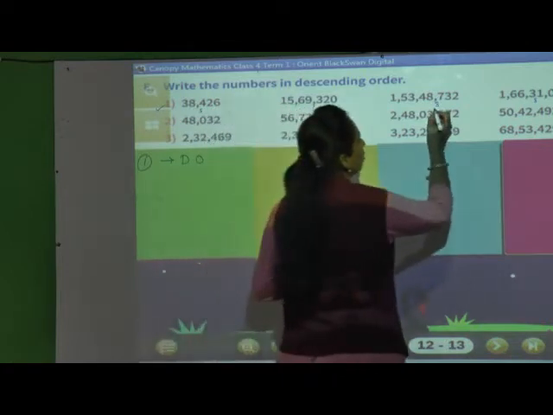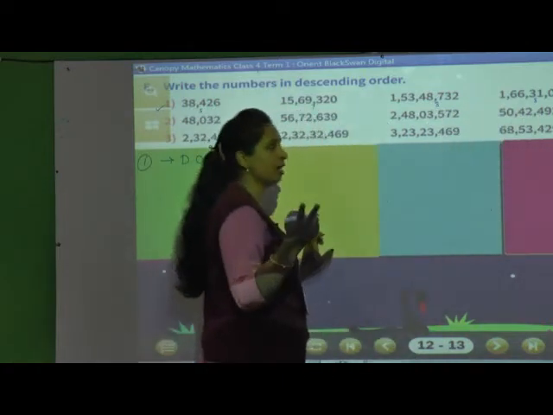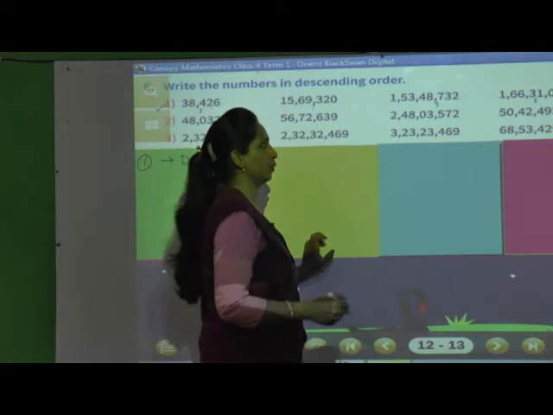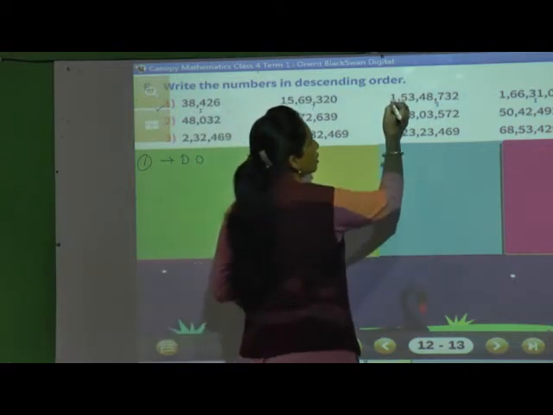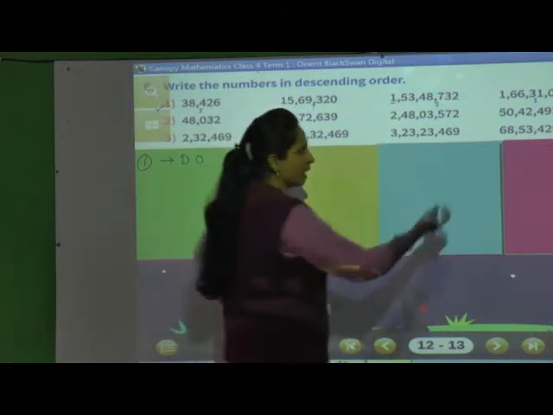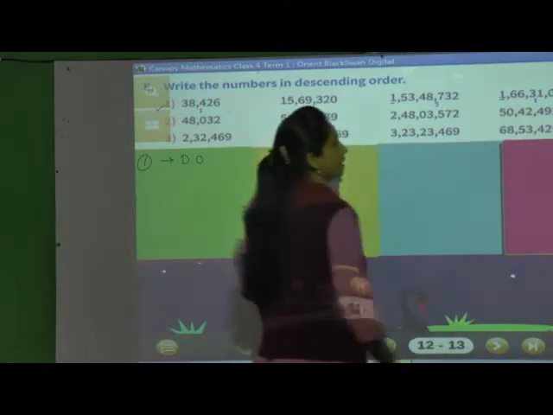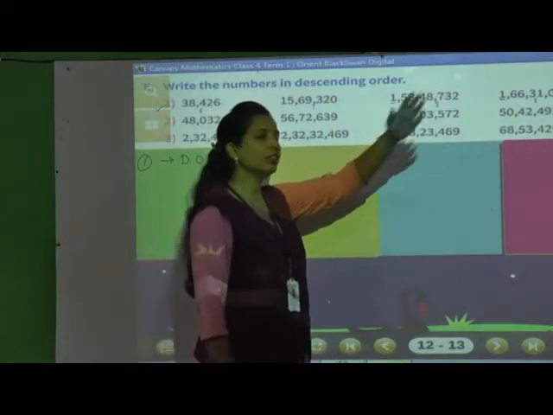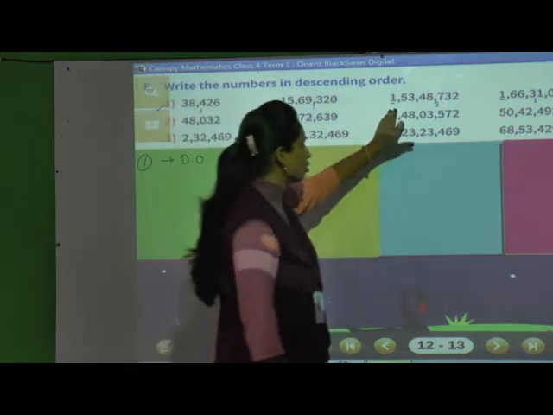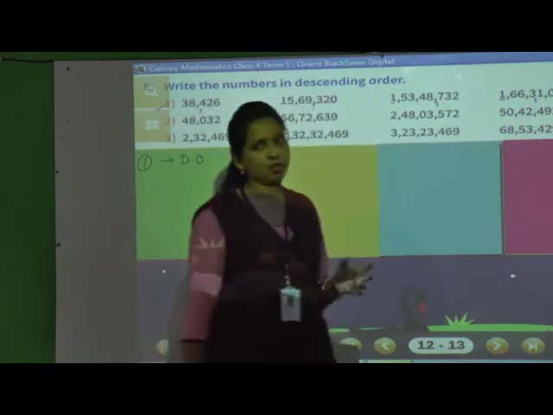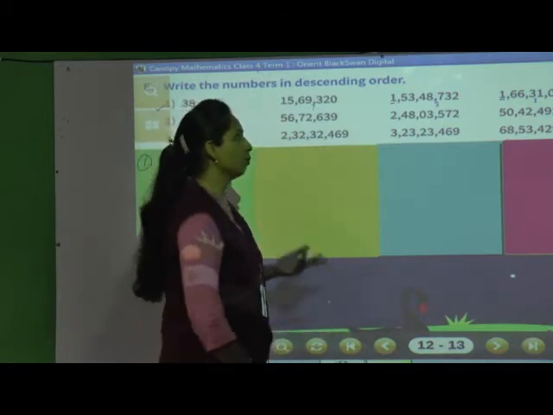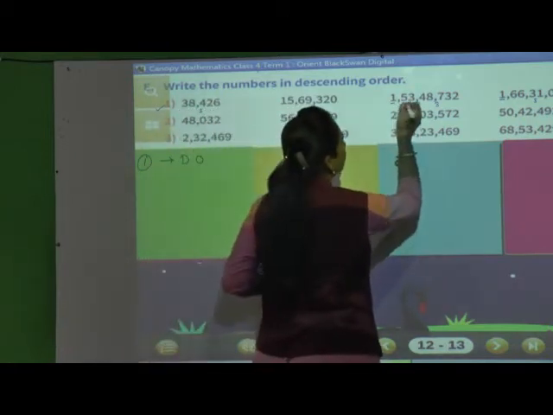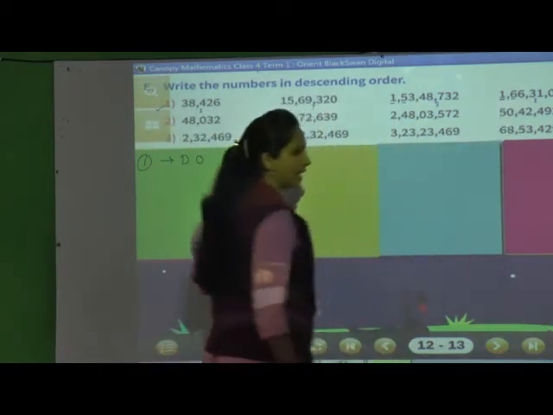Okay. Now, here we have two numbers, that too 8 digit only. Now we will see, first what do we have to do? We have to underline the highest place value, that is the crore place. Now see, in both the numbers, in the crore place, here also 1, here also 1. Now both are same. Now what do we have to do in that case? Go with the next number in the 10 lakhs place.